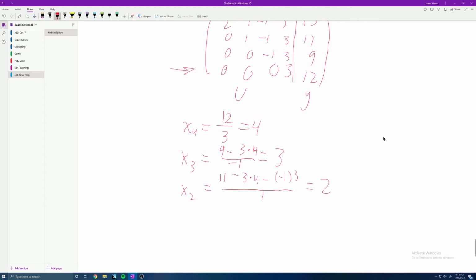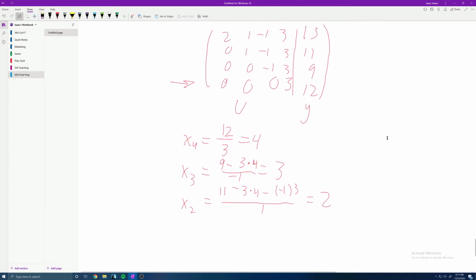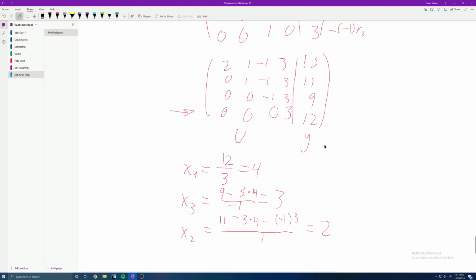And then the last step here, I can't really see what I'm doing, I guess I can still right there. x1 equals 13 minus 3 times 4 minus negative 1 times 3. By the way, these negative 1s and 3s, that's just a coincidence that these are the same number. It doesn't necessarily have to be.